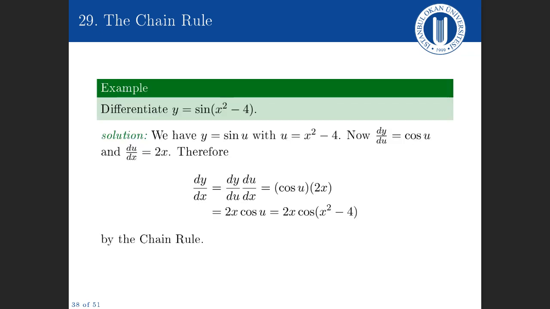So for example, differentiate y is equal to sine of x squared minus 4. Here we have a function of a function. We have y is equal to sine u, where u is x squared minus 4. And we know how to differentiate each.